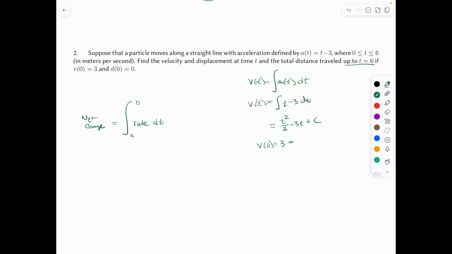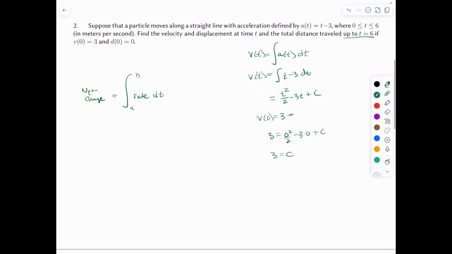And so that means that 3 should equal 0 over 2 minus 3 times 0, so 3 is equal to c. So my v is going to be t squared over 2 minus 3t plus 3.